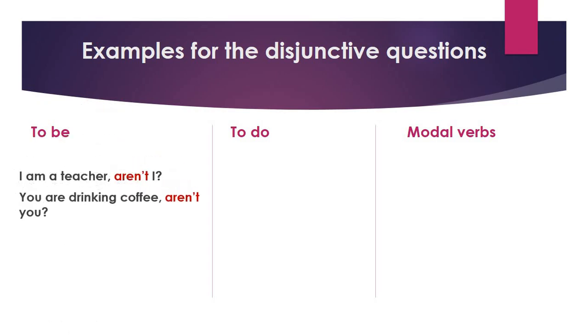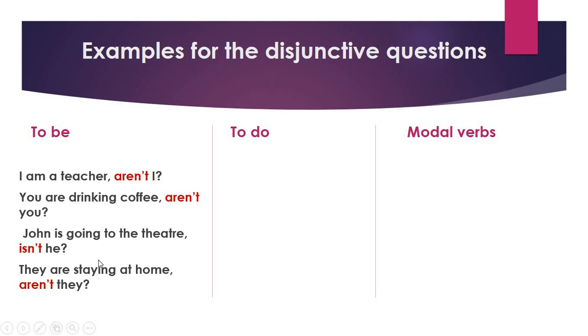You are drinking coffee, aren't you? John is going to the theater, isn't he? Here is the verb to be, is, that's why we use here the negative form, isn't he? They are staying at home, aren't they?